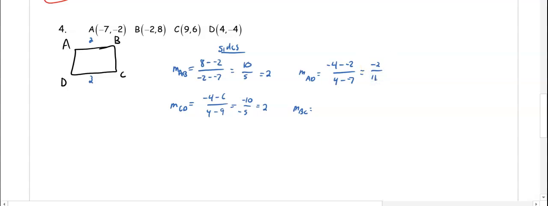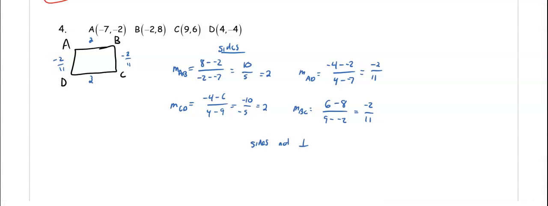Our slope for BC is 6 minus 8 over 9 minus -2, which gets us -2/11. This means that the sides are not perpendicular. Then we're going to find the slopes of the diagonals. So our diagonals are AC and BD.